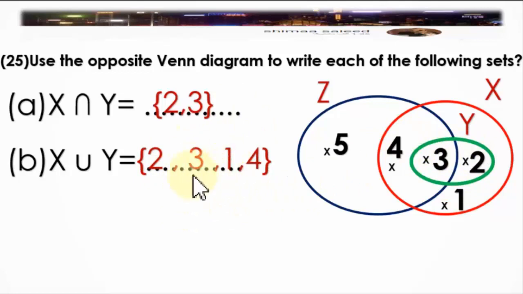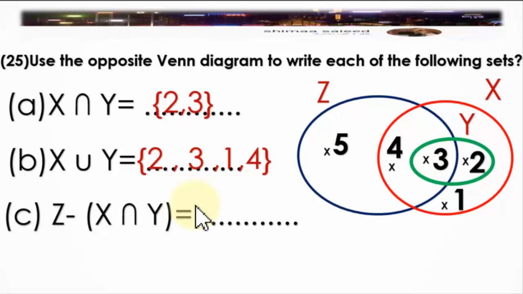Pay attention, the order doesn't matter inside the set. What about Z difference the intersect of X and Y? Z difference X intersect Y. You know that X intersect Y equals the set of 2 and 3. So Z difference 2 and 3 equals 5 and 4.